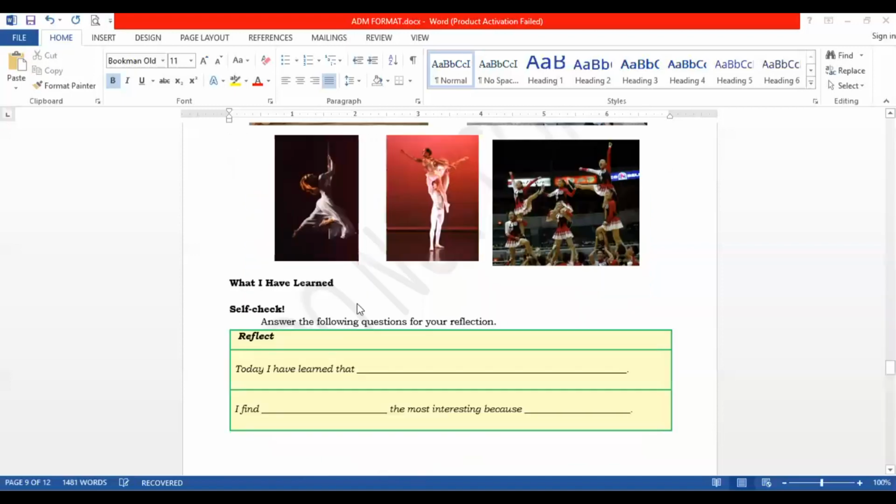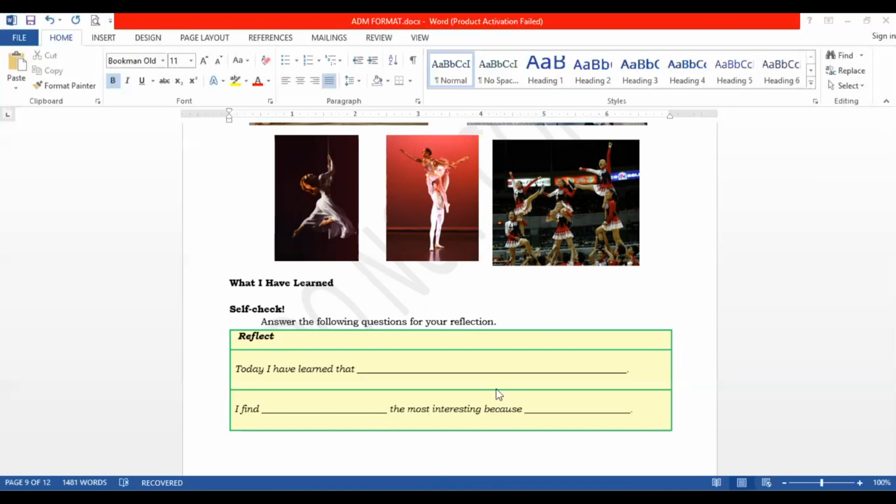Moving on is the what I have learned part. No? So, in this case, I use guide question. So, kanina nagbigay tayo ng tatlong pwedeng maging content dito sa section na to, pwedeng in a form of checklist, pwedeng in a form of reflection guide question, and pwedeng in a form of graphic organizer.